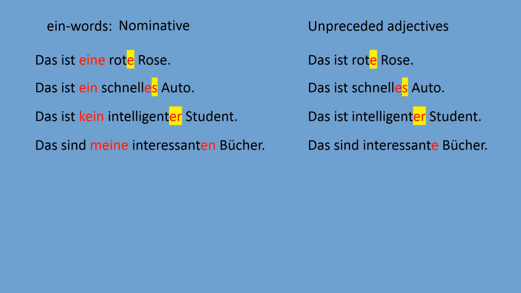When you compare, the endings of unpreceded adjectives are the same as endings of adjectives used after ein words. The only difference, and this is very important, is that we change the ending in plural. So when we use nouns without ein words or der words and we have to describe them, we have to use ending e. That is important. Please memorize it.